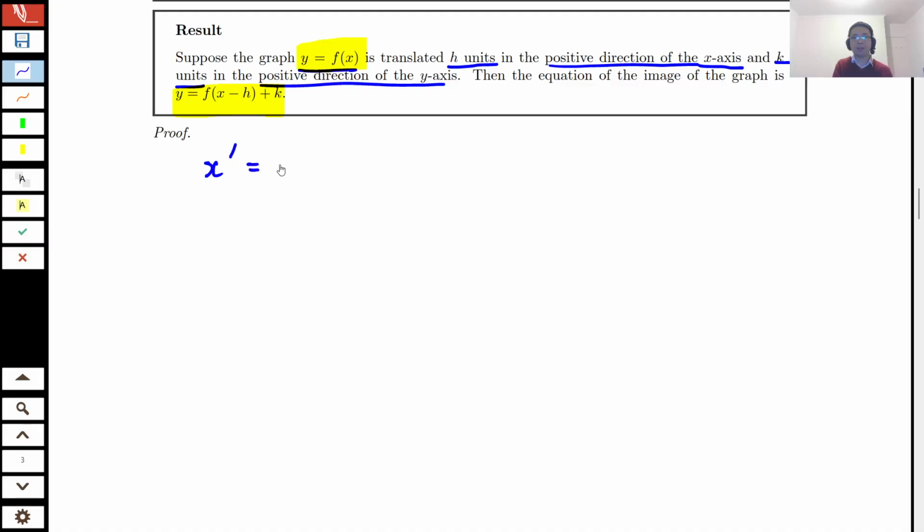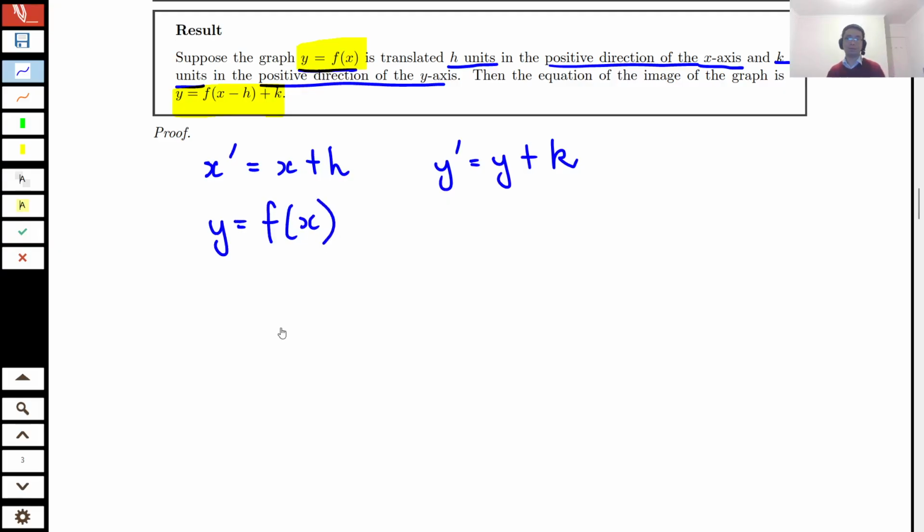So, let's start by defining my transformations. My new x-coordinate is x plus h, and my new y-coordinate is y plus k. Now, we also know that y equals f of x. True? That's what we know.